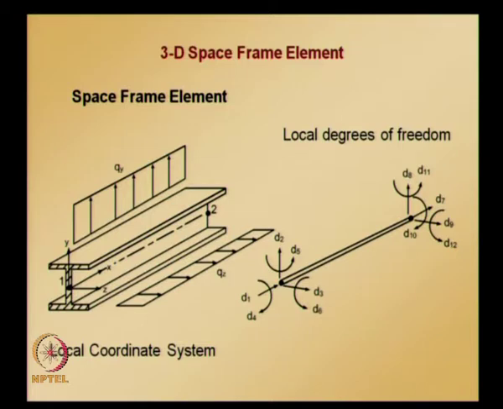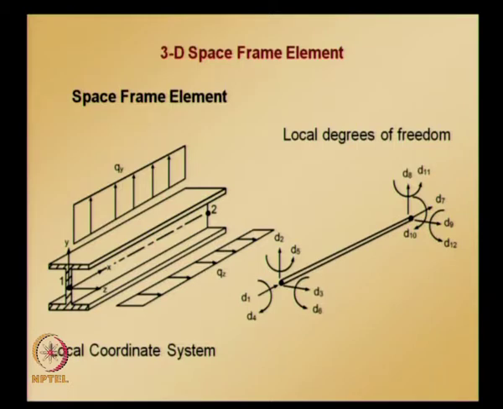And note that each node has now 6 degrees of freedom, 3 translations and 3 rotations, and displacements and forces are positive along positive coordinate directions. Positive directions for applied moments and rotations are based on the right hand rule.